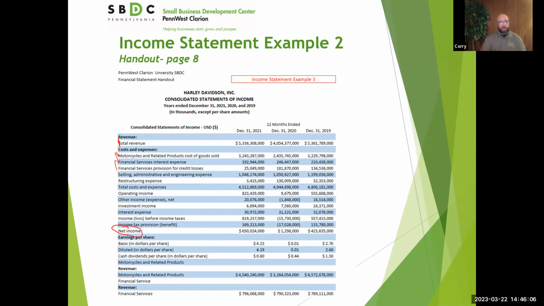I don't expect yours to follow along with this. Maybe someday when you aspiring entrepreneurs grow your business from what it is today to a multi-billion-dollar company in sales, then you'll have financial statements that look like this, but your income statement will always be the same. Revenue minus expenses will equal your profit.